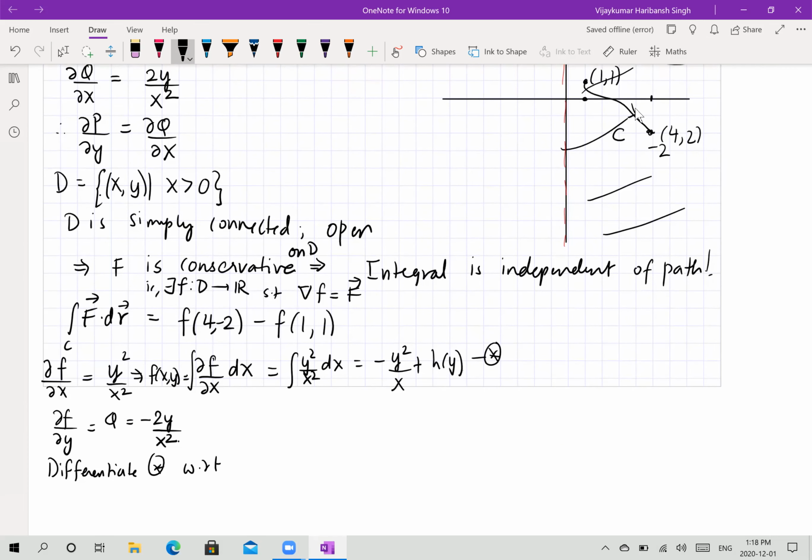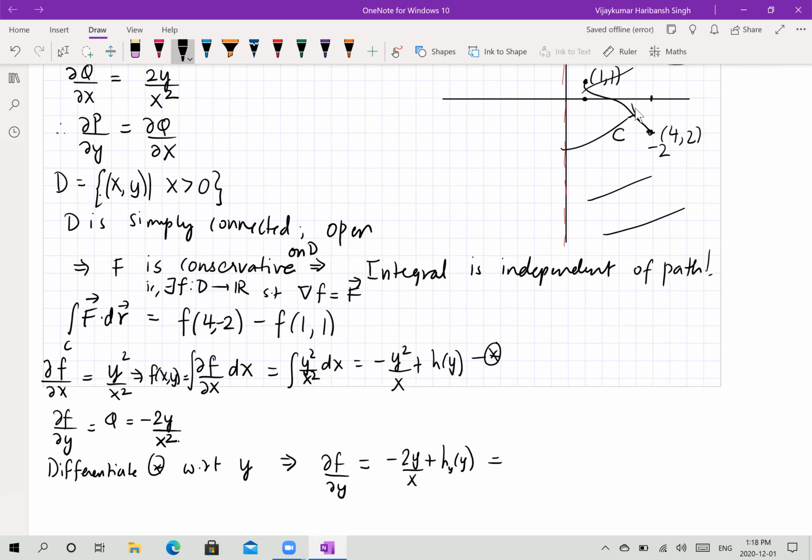So differentiate star with respect to y, which gives dou f by dou y equals minus 2y by x plus h prime of y.